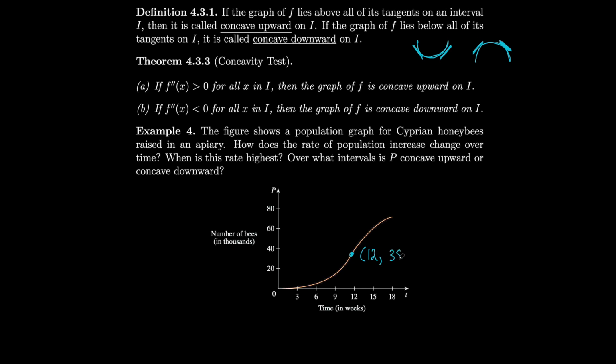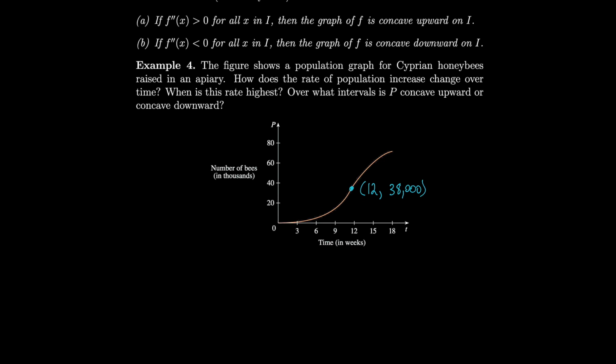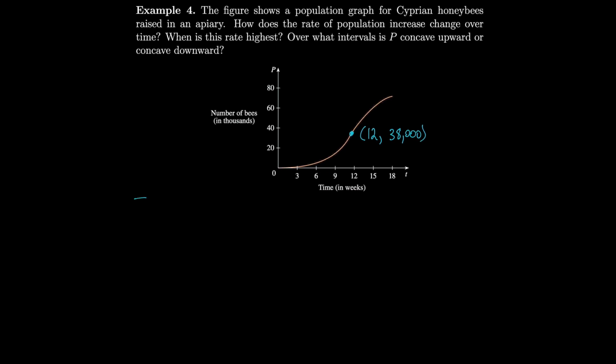and 38,000 for the y. So we could say that the rate starts small, then notice it kind of goes up, picks up speed, so the rate gets larger until it looks like time equals 12, but then the rate starts decreasing, it starts leveling off.